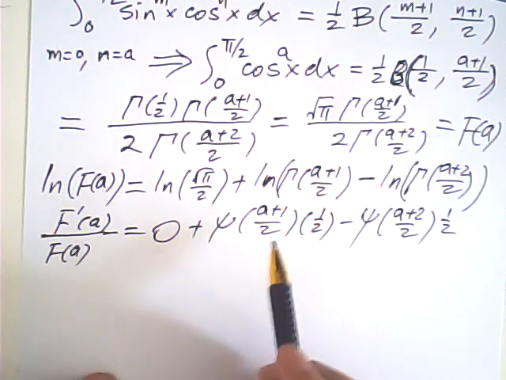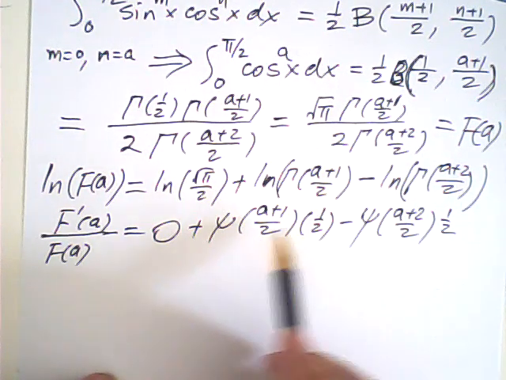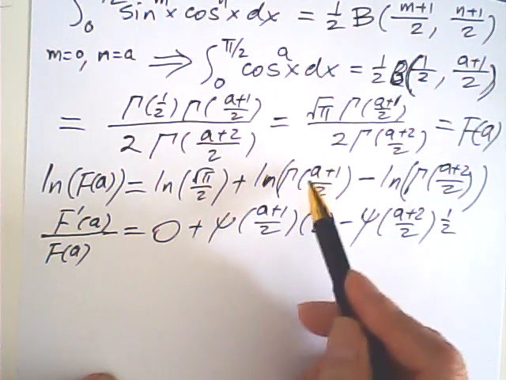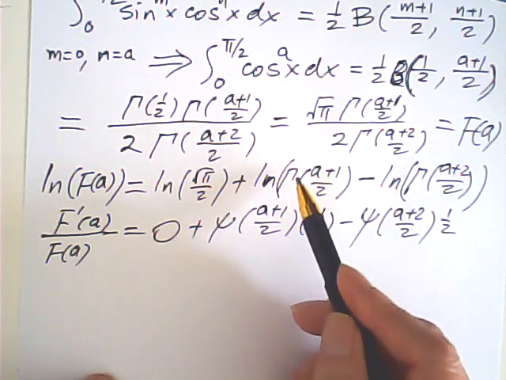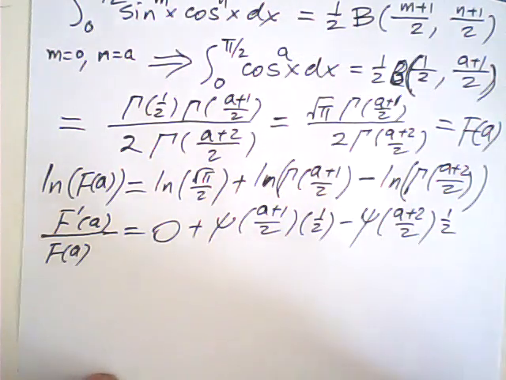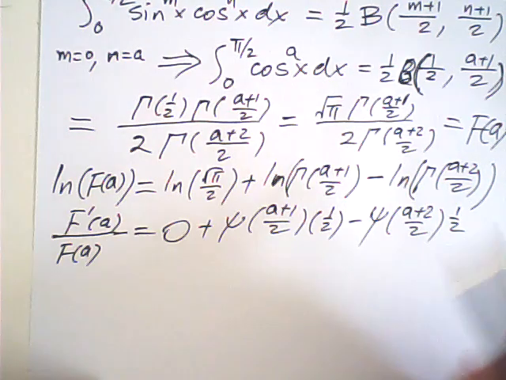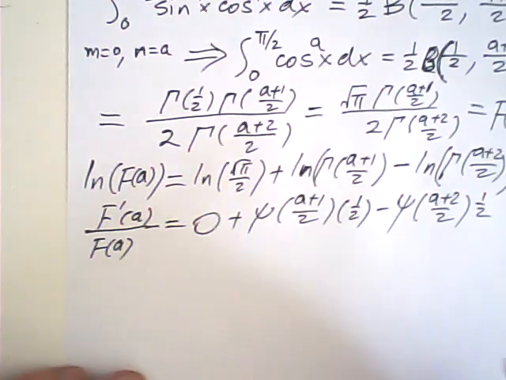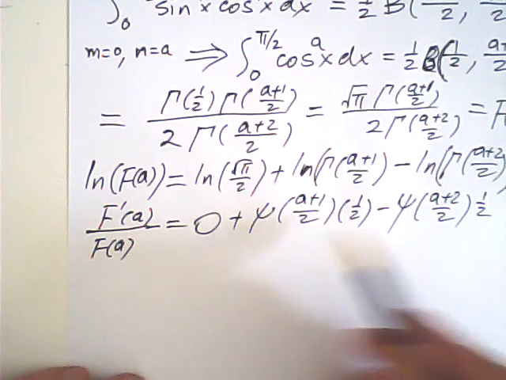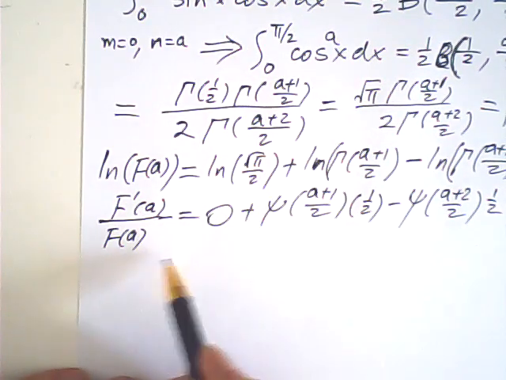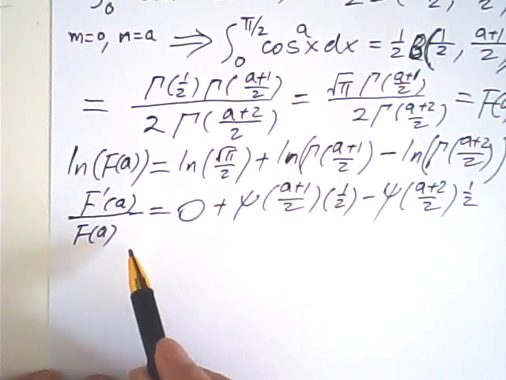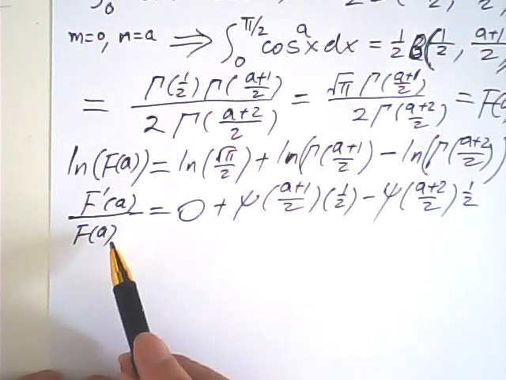Okay. Digamma is this derivative, right? This will be 1 over this times the gamma derivative. Well, anyhow, it's the definition of digamma. Now, then I take a derivative again with respect to a.